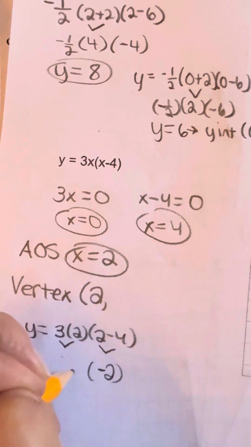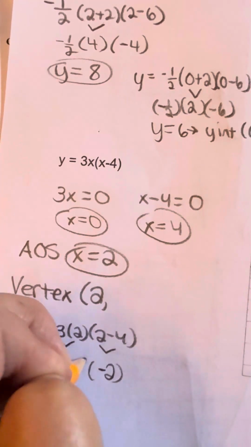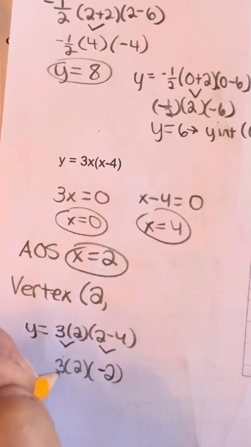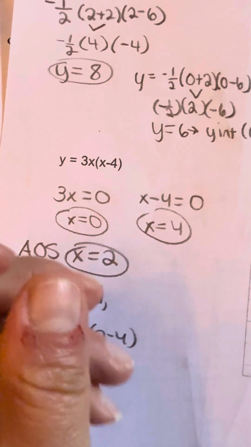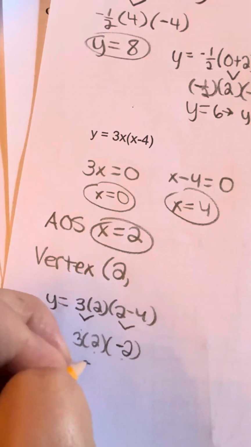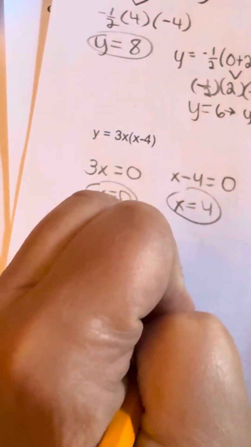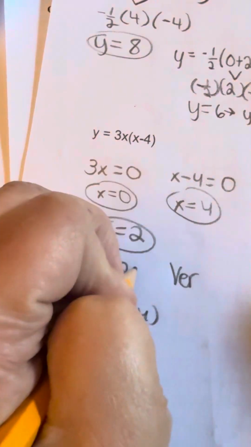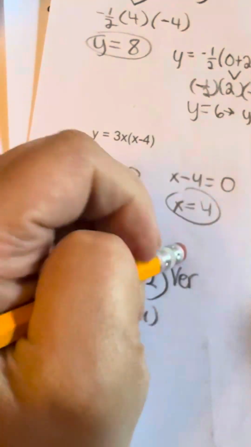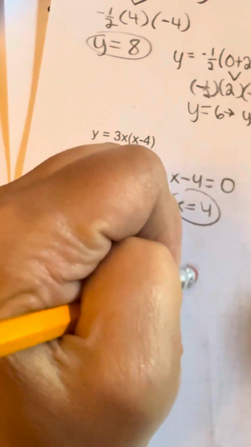So we go 6 times negative 2, which is negative 12. So that is my answer for my vertex point: negative 12. So the vertex is going to be 2, negative 12. We're going to just put that right there. And so there's that portion.